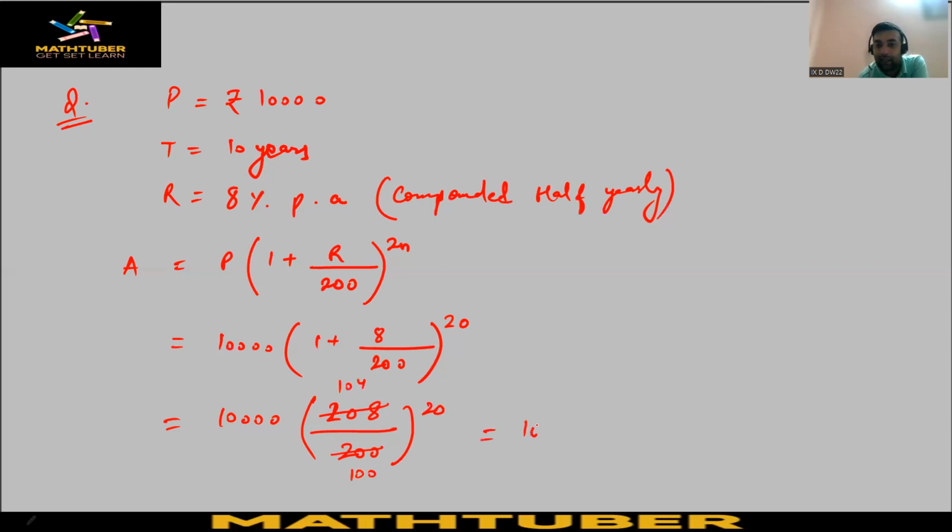So we can write it as 10,000 into 1.04 raised to power 20, right? And this also can be written as 10 raised to power 4 into 1.04 raised to power 20. So this is the amount now, and if we want to find its value completely, we have to take log on both the sides.